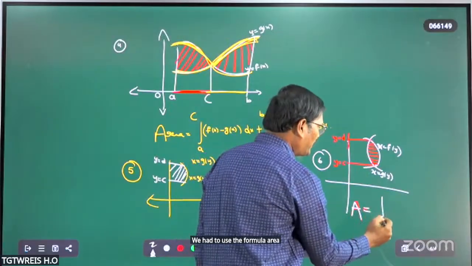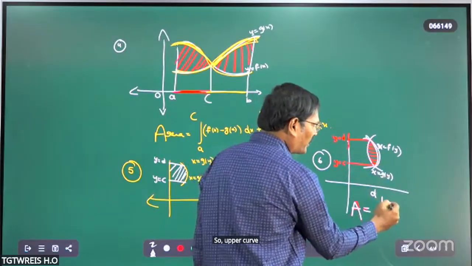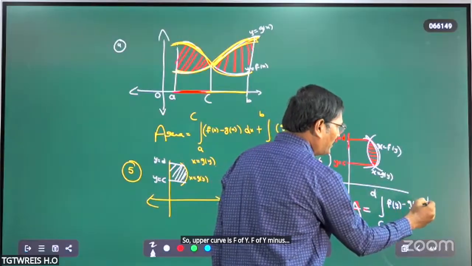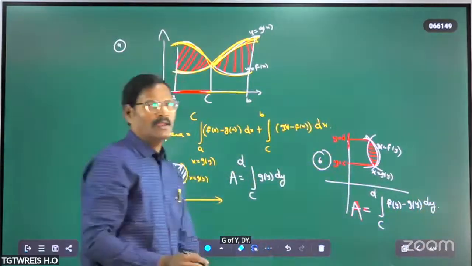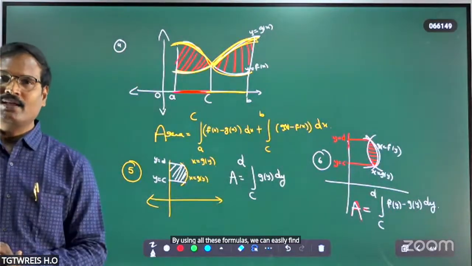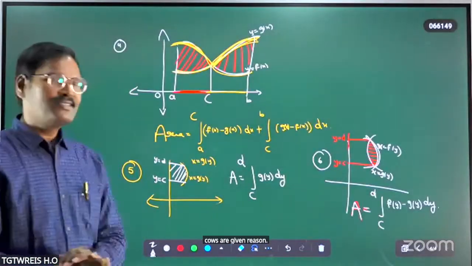Area is equal to integral c to d. The upper curve is f of y minus g of y dy. By using all these formulas, we can easily find the areas of given curves or given regions. Is it clear?